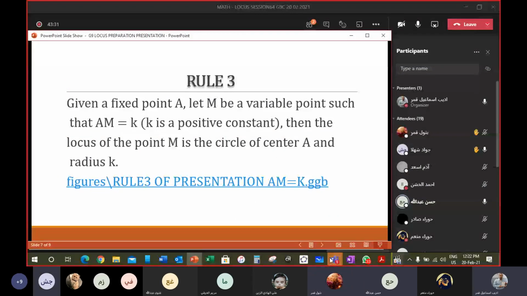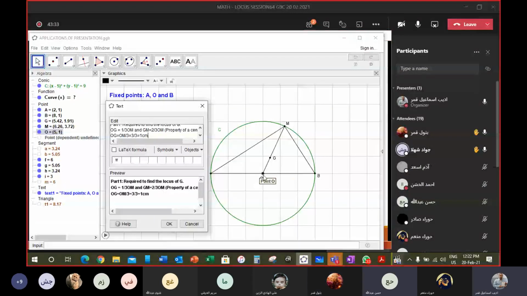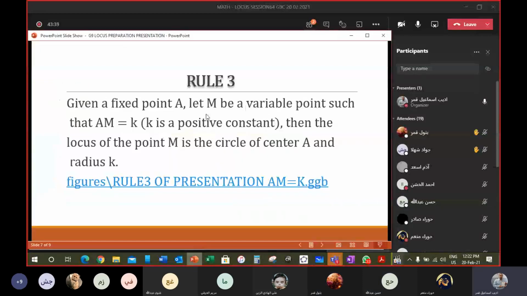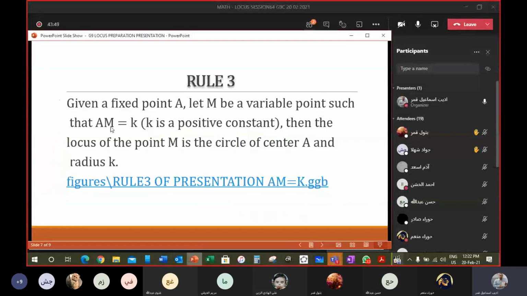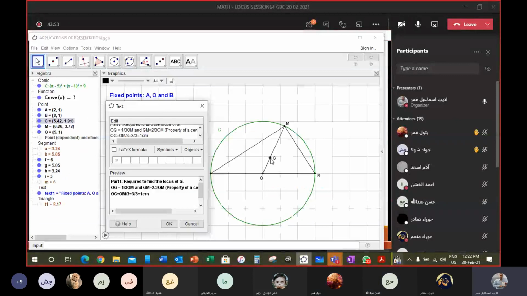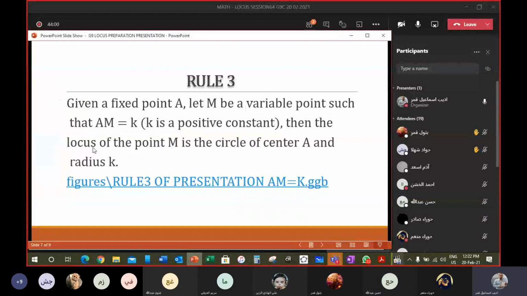Circle. given Circle. خليني اوضح لبتول. given a fixed point اللي هي الاو، اوكي؟ let M be a variable point. هون ال variable point مش ال M، ال variable point هي G. بنكمل بالرول: variable such that AM equal k. هون ما عندي AM، هون شو عندي؟ OG equal constant، يعني مسافة هي طلعت 1 سنتيمتر. فإذا G وين بتحرك؟ نرجع للرول كمان: then the locus of point M، اللي هي هون G، is a circle of center A and radius k.